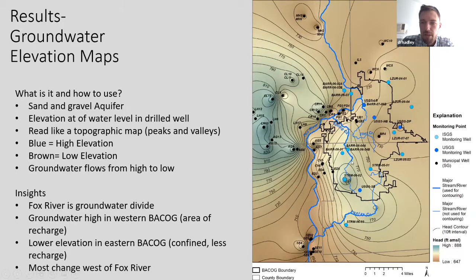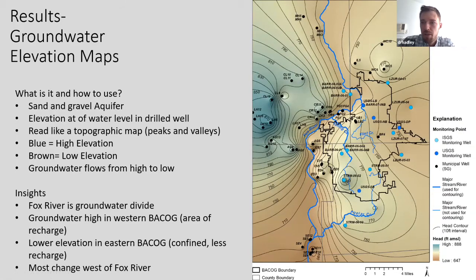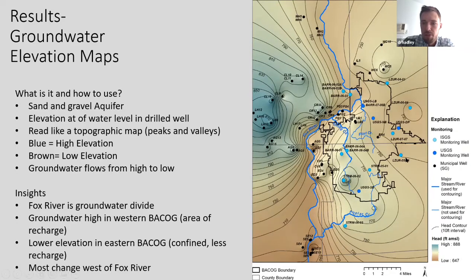And so here we still have a contour of 770 and 750 in this area, and it's not really going to change as we go. But this is changing a lot out here from year to year, and that's because this is where all the municipal use is, and that varies a lot from year to year. So here we are in 2018, and then finally 2019.